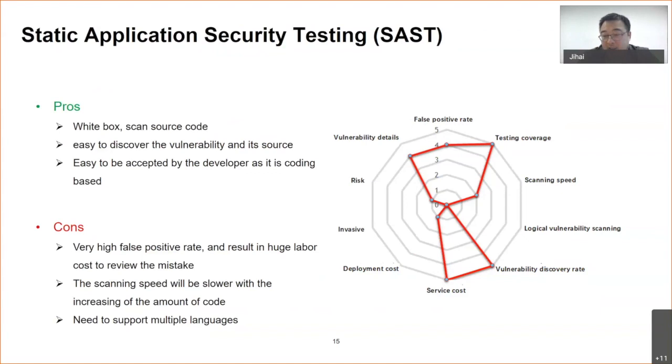And if the result is not accurate enough, how can you trust it? This is the big weakness of this kind of tool, and it also slows down its promotion.